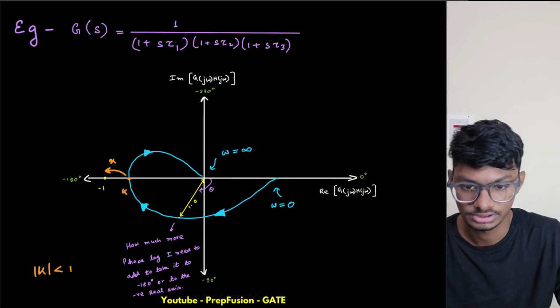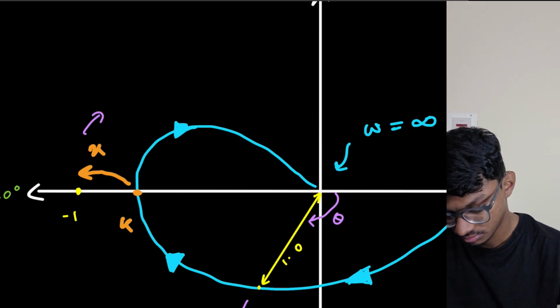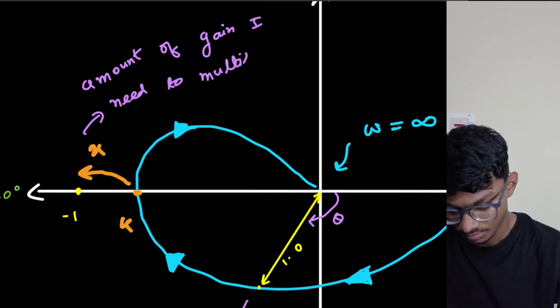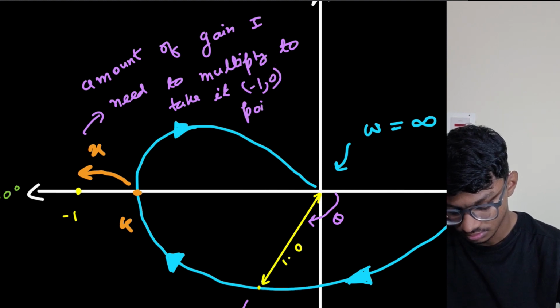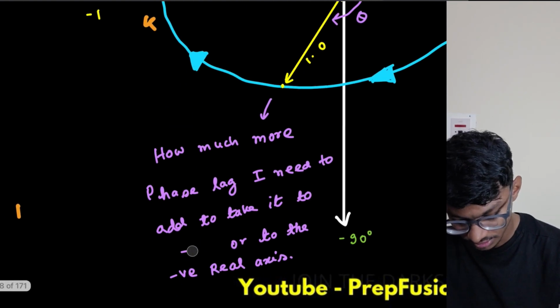That is the basic thing. And what is this x? The amount I multiply, or I can say take it to the -1 comma 0 point.